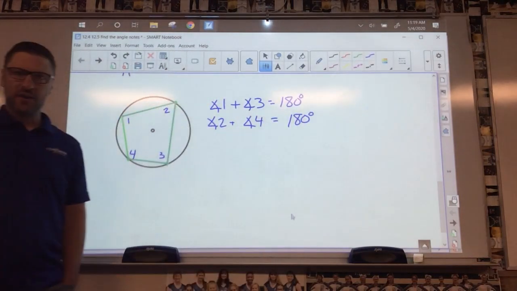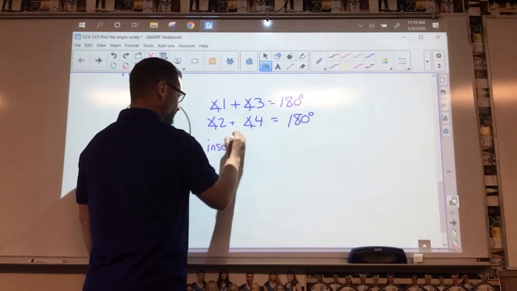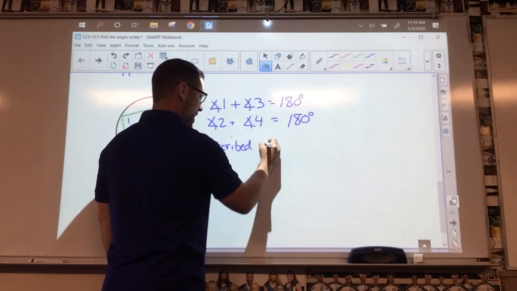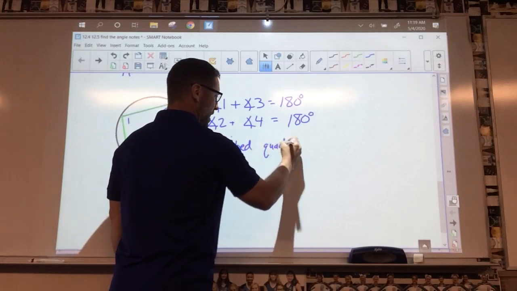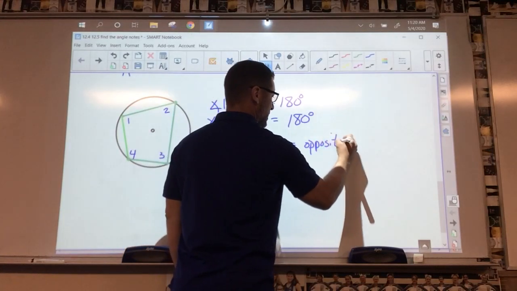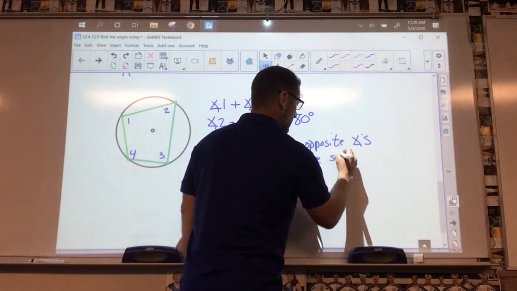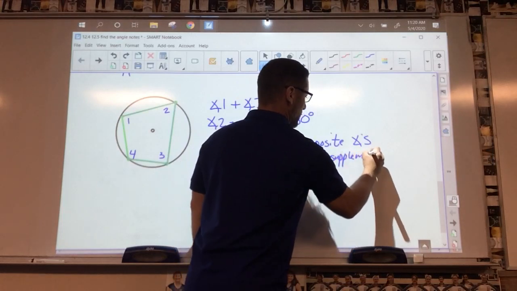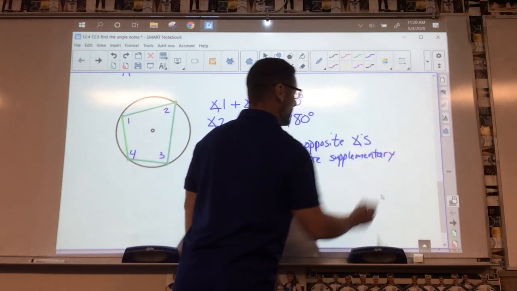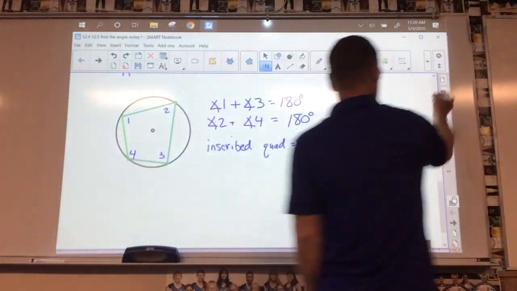If it's an inscribed quadrilateral, opposite angles are supplementary. And that's a rule.